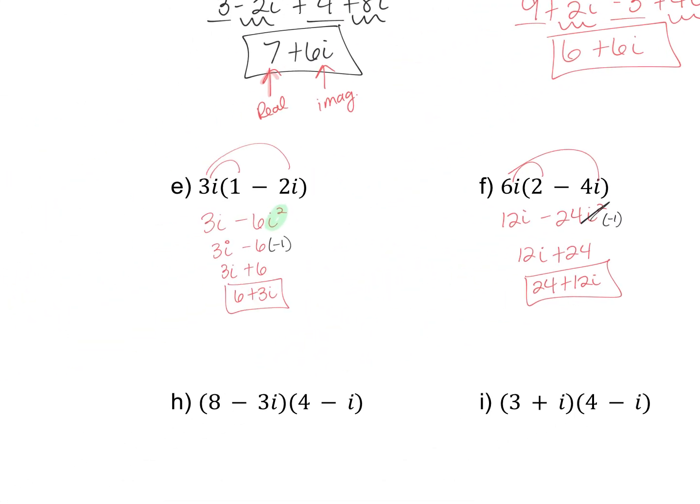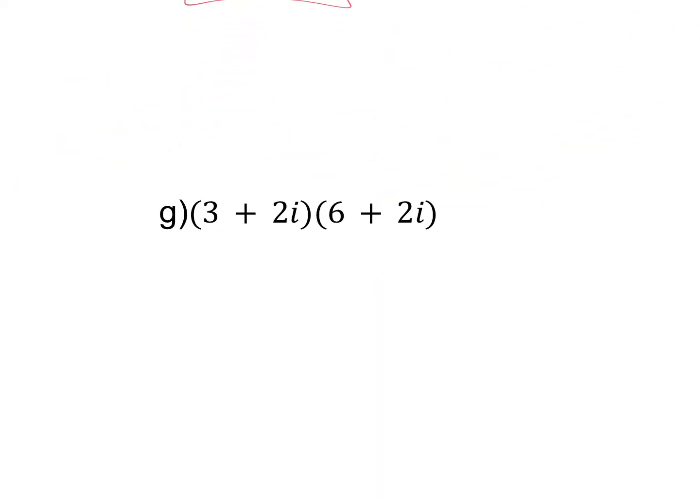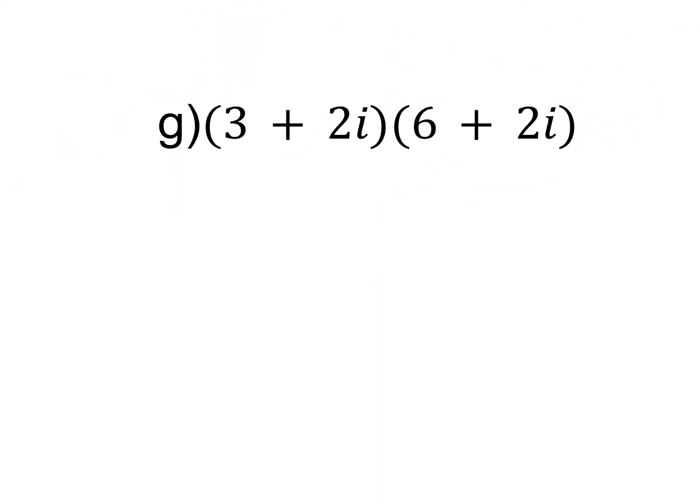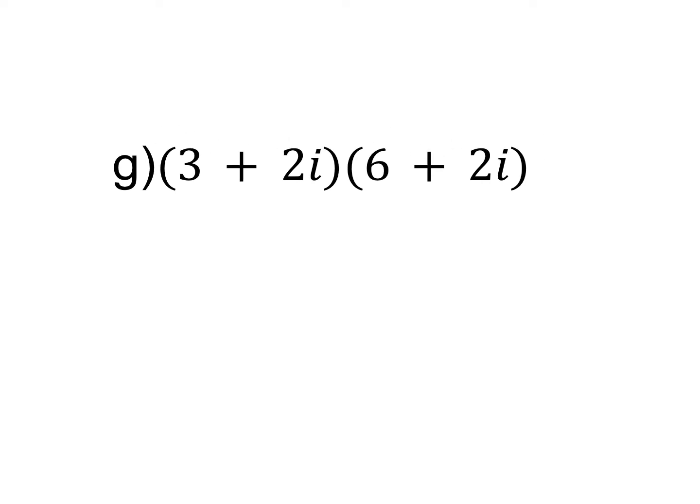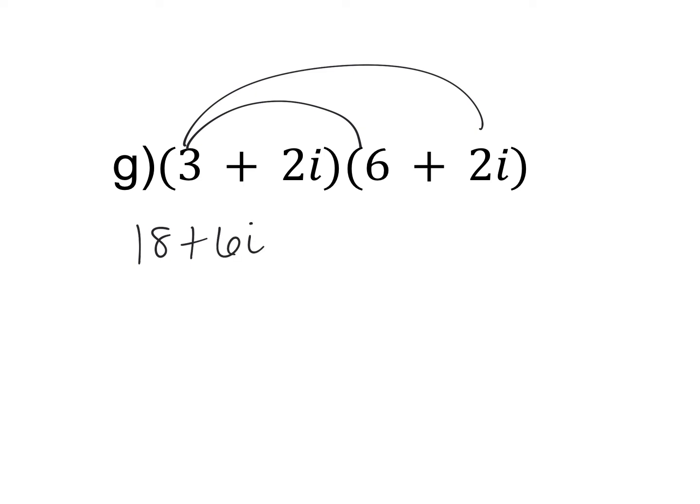Okay. Then let's go to this one. Now we have two binomials being multiplied by each other. No big deal, but we do need to distribute. So 3 times 6 gives you 18. 3 times 2i is positive 6i. 2i times 6 is positive 12i. And 2i times 2i is positive 4i squared.